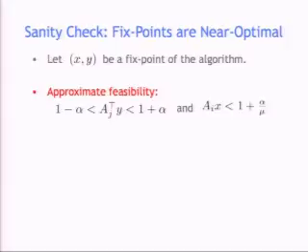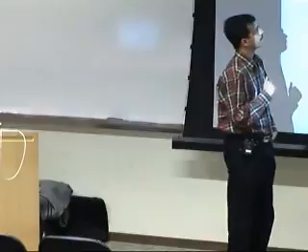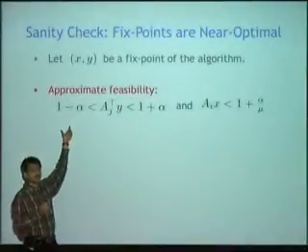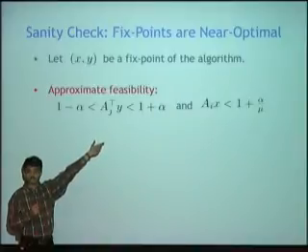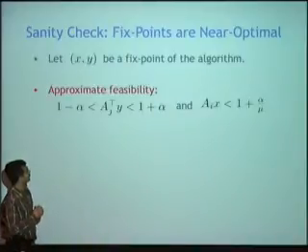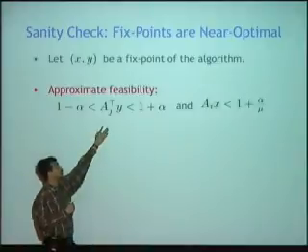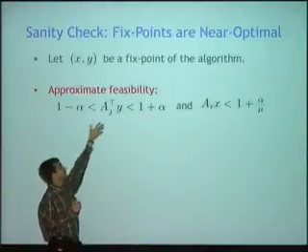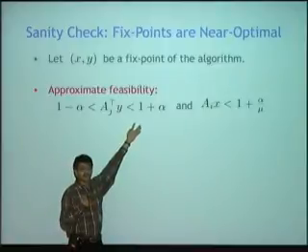First let's show approximate feasibility. Since x is a fixed point, no x_j is changing, therefore the value of a_j transpose y for every j is between 1 minus alpha and 1 plus alpha. So all the dual constraints are not only approximately satisfied, they are very tight.